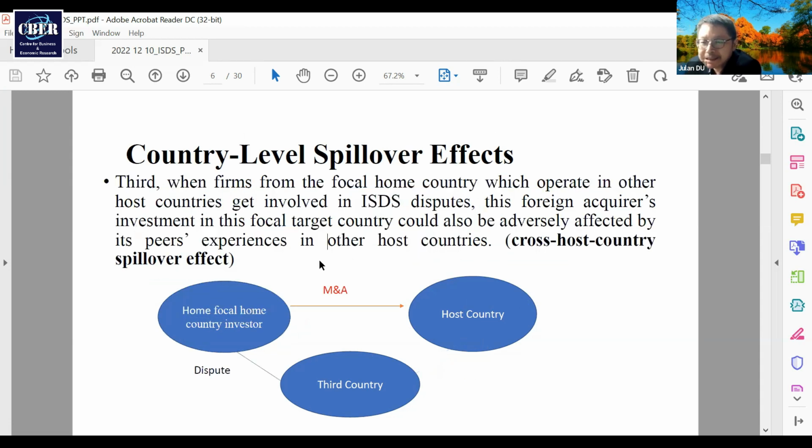Now, the second country level spillover effect we call the cross-host country spillover effect.